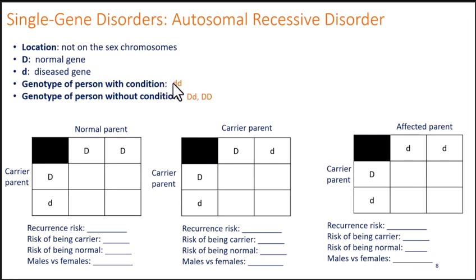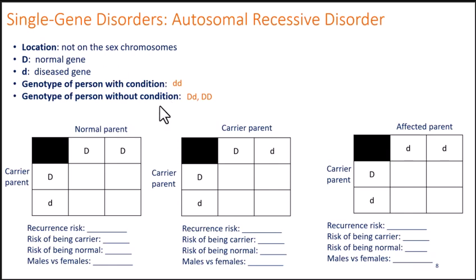You have to inherit it from both parents in order to have the disease because it's recessive. Now, to not have the condition, you need to have that dominant, overpowering, normal gene, that capital letter, in order to be considered normal.